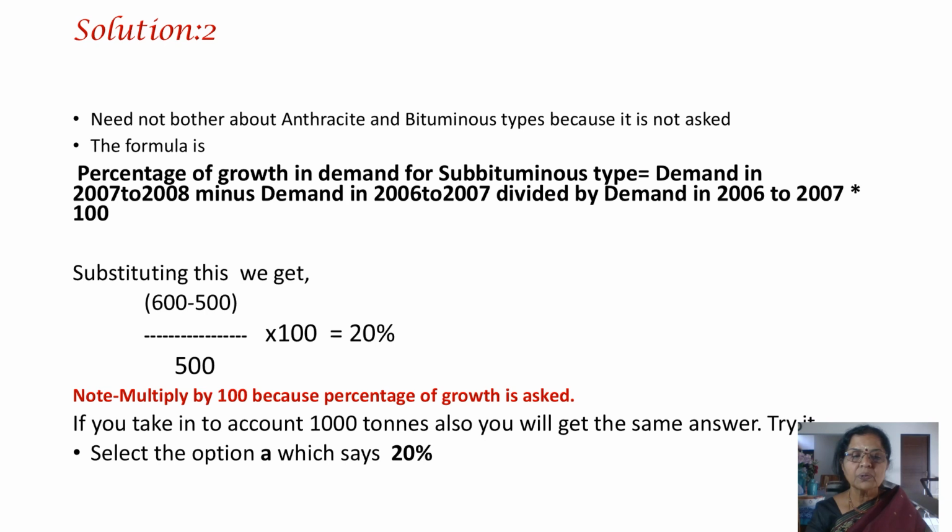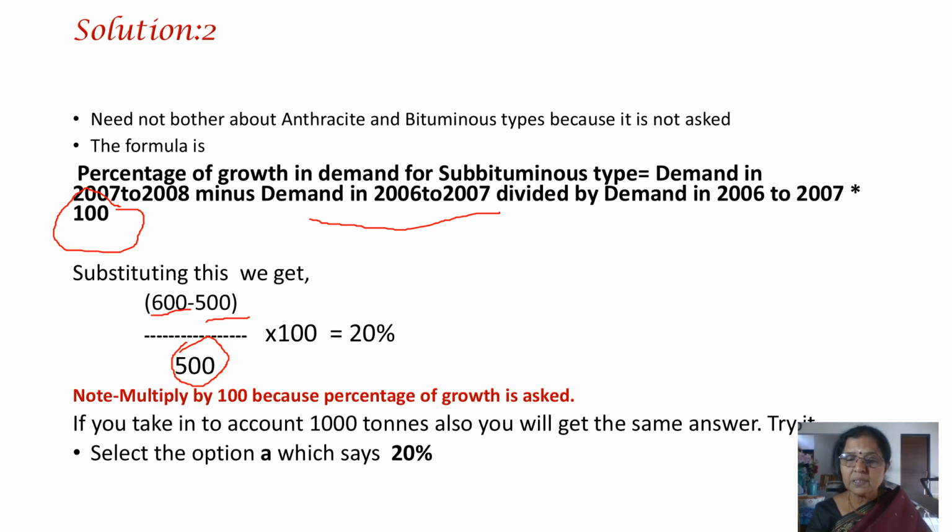Substituting in this formula, the demand in 2007 to 8 for subbituminous type is 600,000 tons, minus demand in the previous year, which is 500,000 tons. So 600 minus 500. And what are you going to divide it with? 500. That is, the base is the previous year.